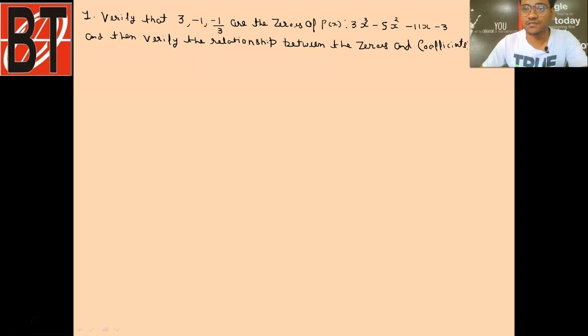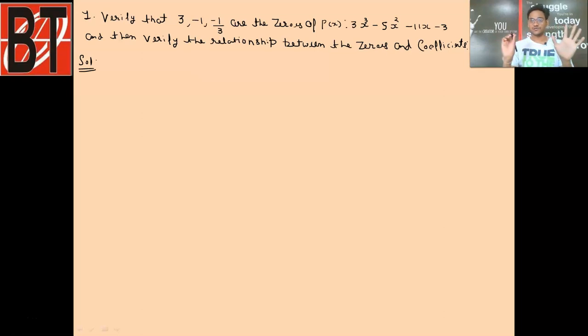Clear, students? Now, we first have to verify whether these three are the zeros of this px or not. So students, how can we verify that this particular 3 is a zero of this px or not? We can verify by replacing x with 3. If we replace x with 3, we will have 0.